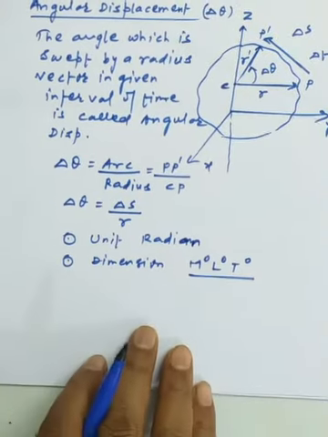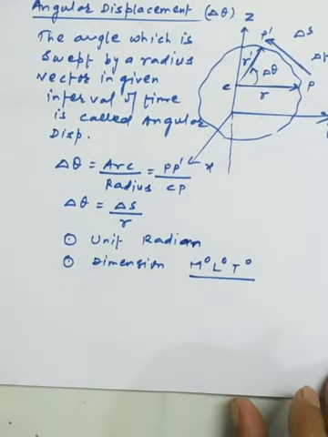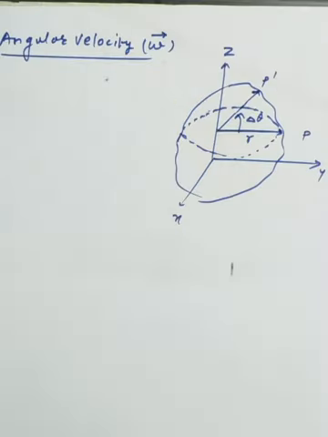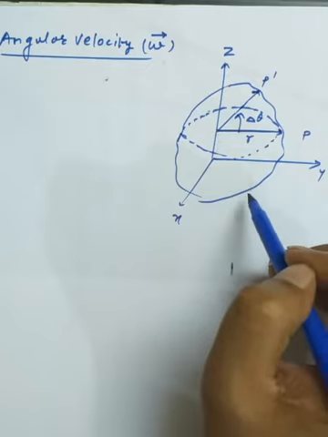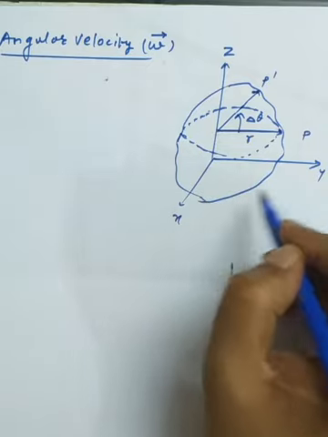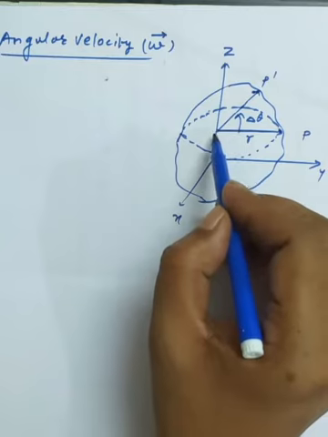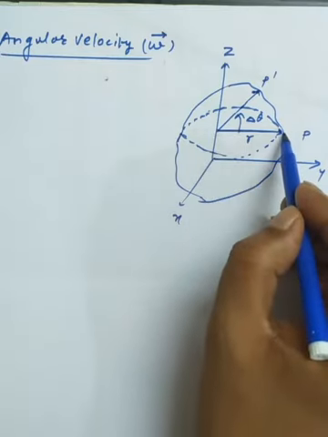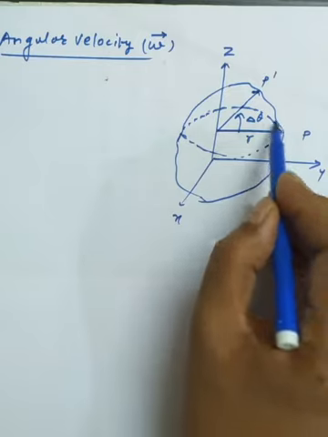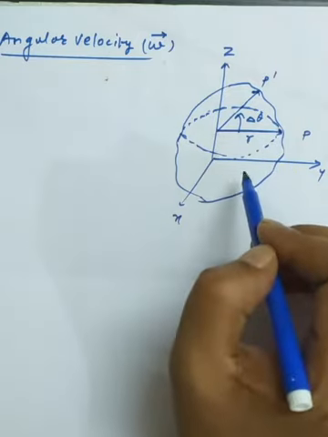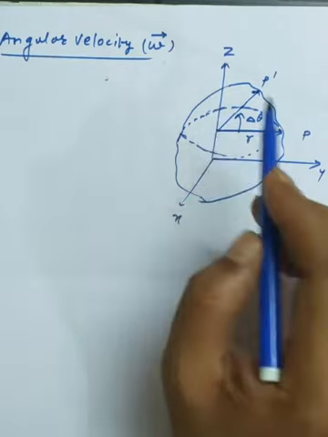Now we are able to discuss the new concept, called angular velocity. Dear students, for angular velocity, I am imagining a rigid body in two dimensions. Here we assume the particle lying on the surface of a rigid body performs a horizontal circle as the body rotates about the fixed z axis.